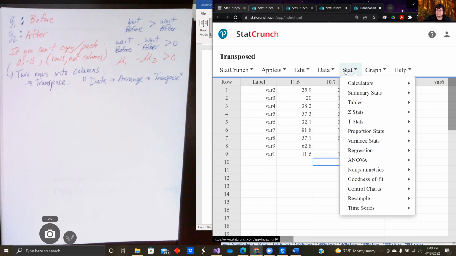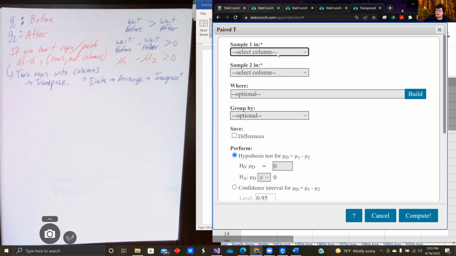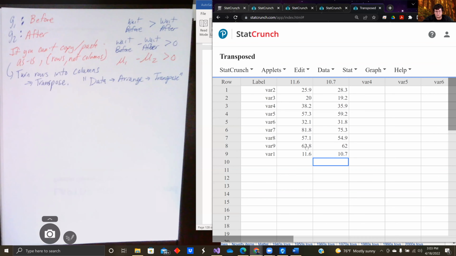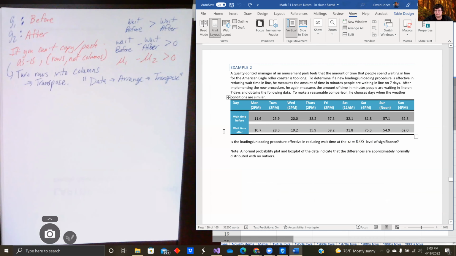So I want to see if it works. I'm going to do the stats, T-stats, paired. I'm going to tell it the groups that I said before. Oh, I need to relabel them. So which one is the one with 11.6? 11.6 is the before data. 10.7 is the after data.